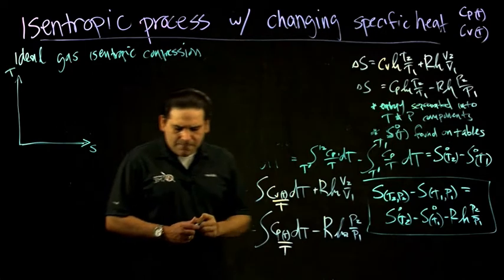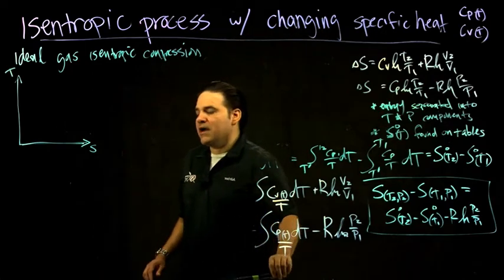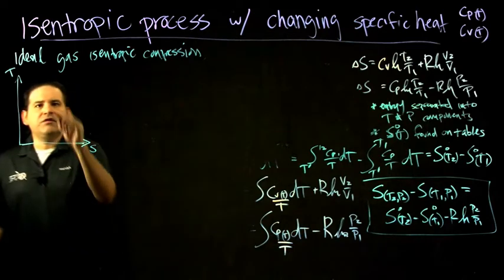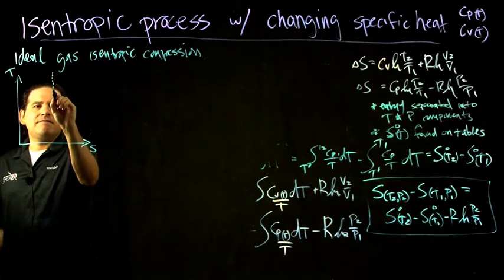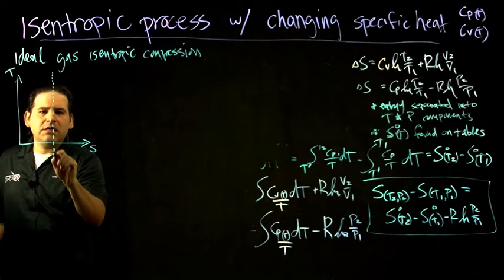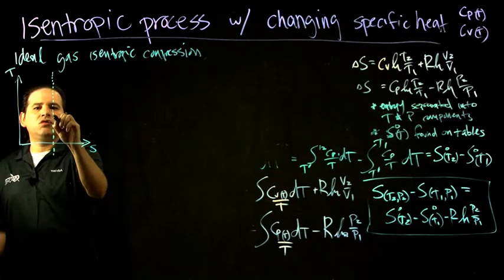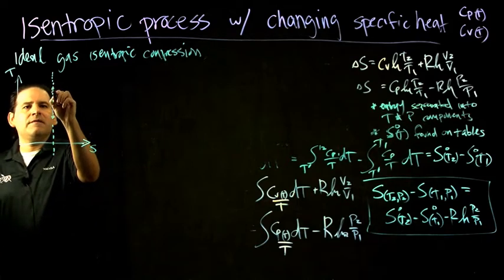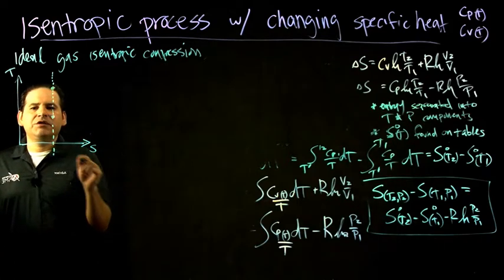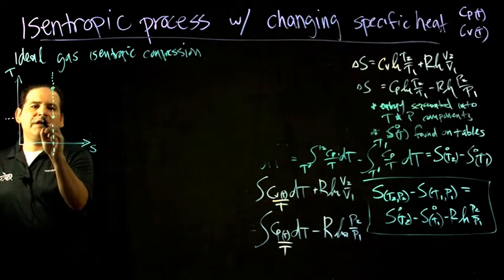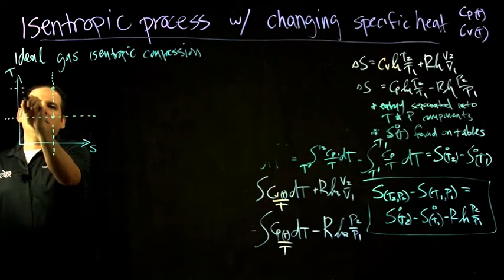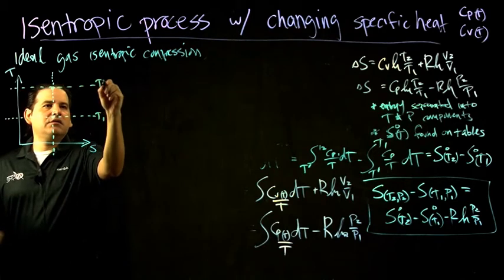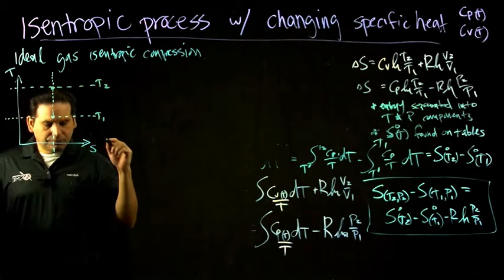So for an ideal gas, if you're saying that this is going to be isentropic, it's going to go from a compression to one pressure to a higher pressure, and by the ideal gas equation, you increase the temperature with increasing pressure. So this would be T1, T2.